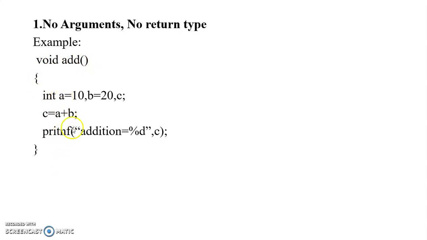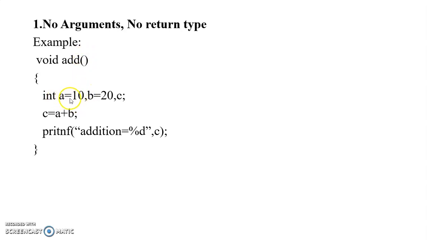So what does the function body say? Here we need to define the two variables a and b directly with values, because we are not passing any parameters to this bracket, so we have to define them directly here. Whether they are called actual parameters or formal variables, we'll see those topics later.